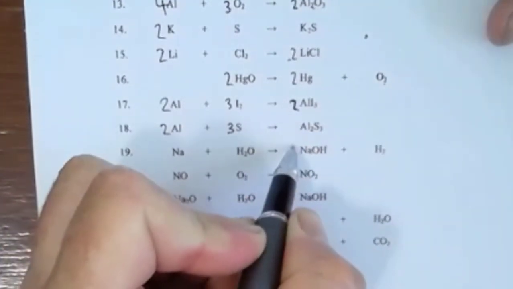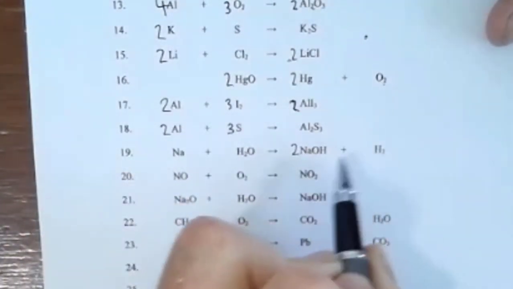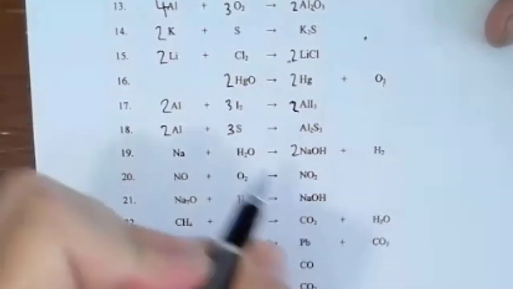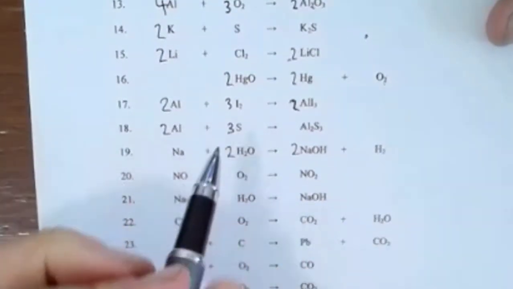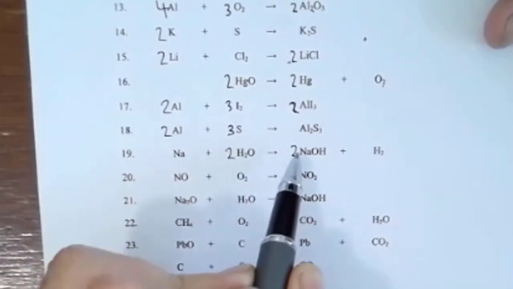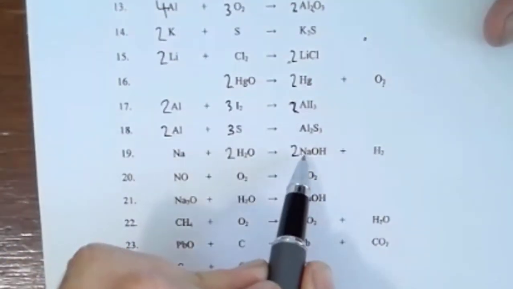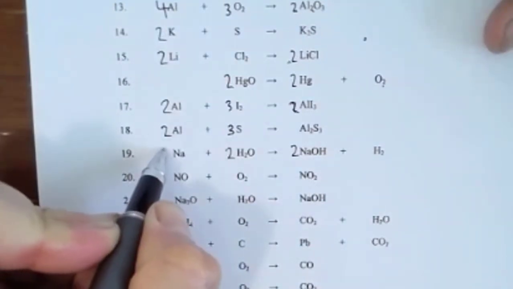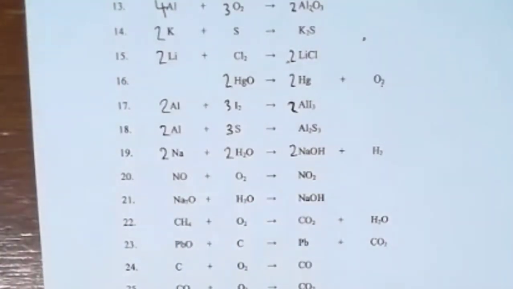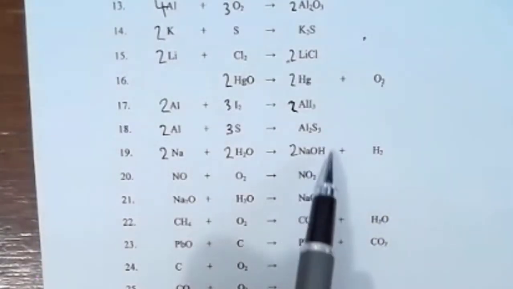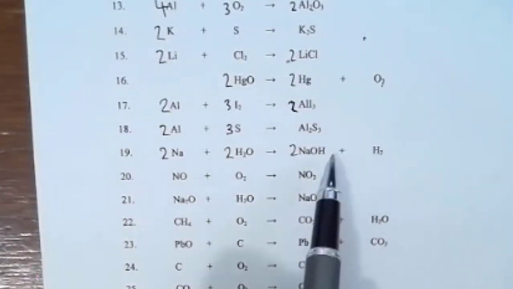So let me see, if I put a 2 here, that means now we've got 4 hydrogens, and if I put a 2 here, 4 hydrogen. Now we've got 2 oxygen, 2 sodium. Now we just need to put a 2 there. Okay, so that was a bit tricky, wasn't it? But that's the way you do it. You need to start, in this case, by balancing your number of hydrogens.